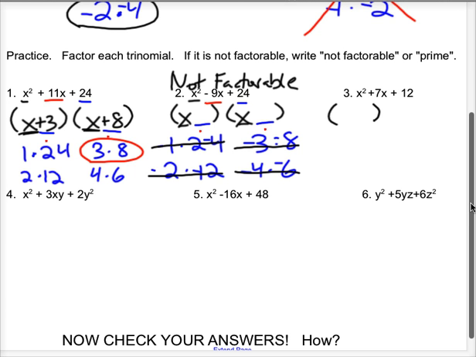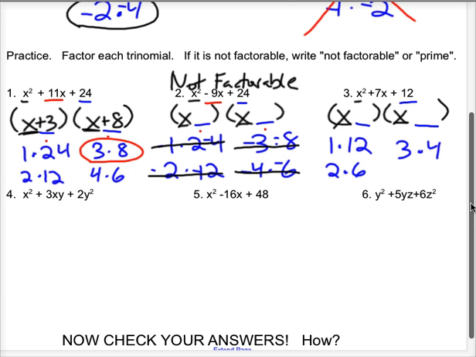All right, and our next one. Factoring means we want our two parentheses. These first two terms are giving us that x squared term. So x times x. Next, these two are going to multiply to give us our 12. So we're looking at 1 times 12, 2 times 6, 3 times 4.